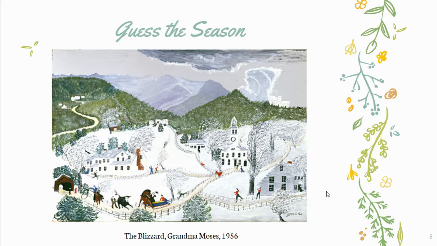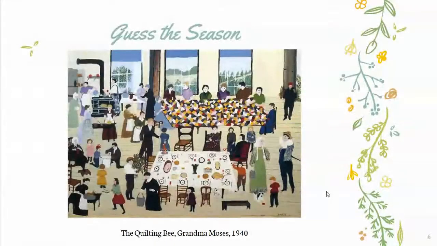All right, let's guess the season. It looks like we're inside. We can probably still guess the season by looking out the windows. I see lots of green. Okay, let's see what else. People are wearing long dresses and some pants and long sleeve shirts and jackets. And it looks like they're having this meal together. And then some of these ladies are making a quilt.